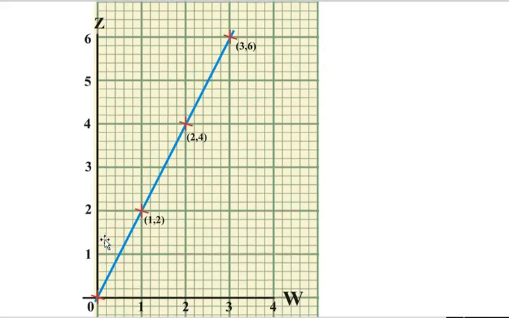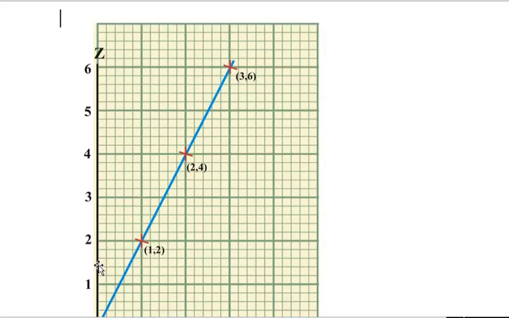Same on the y-axis for z square, on this vertical axis I will take 1 unit as 1 large square, 2 units 2 large squares, 3 units 3 large squares, 4 units, 5 units, and 6 units equals 6 large squares.